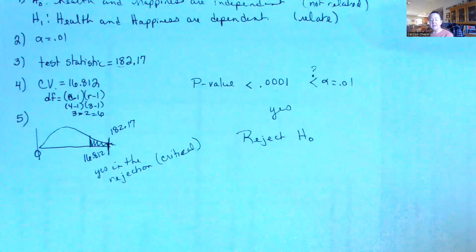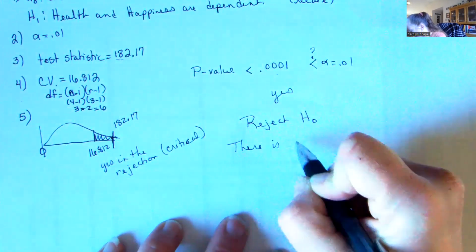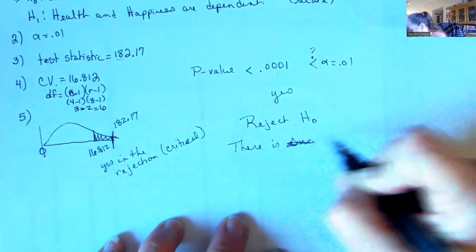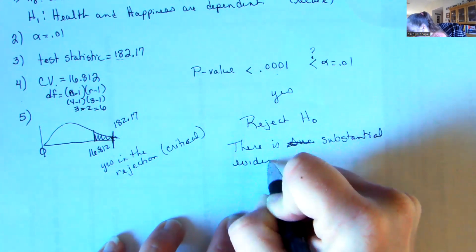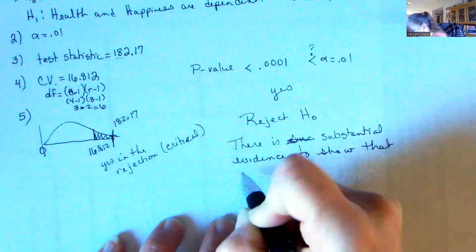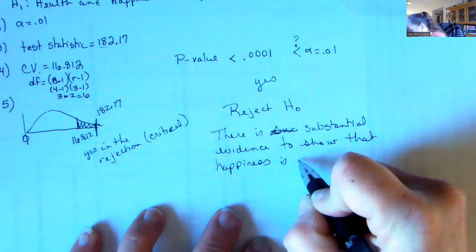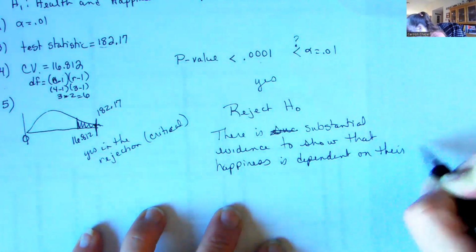Okay, and all of this is nice and handy. But when it comes to publishing or letting someone non-statistical understand what we just found, we would tell them that there is substantial evidence to show that a person's happiness is dependent on their health.